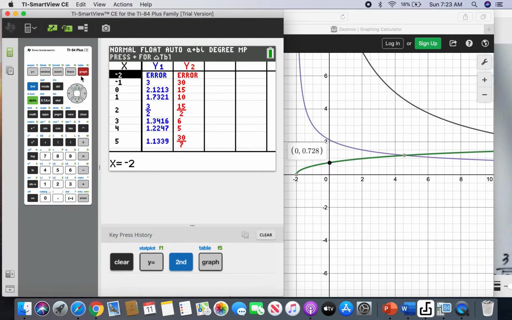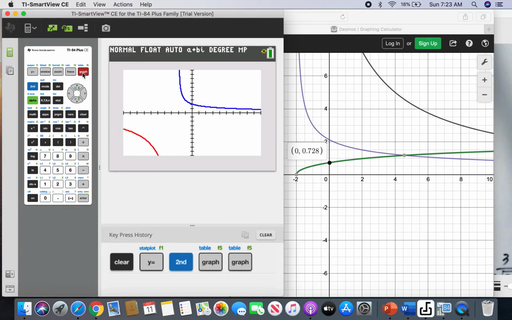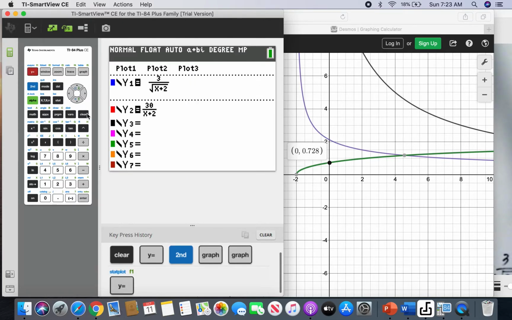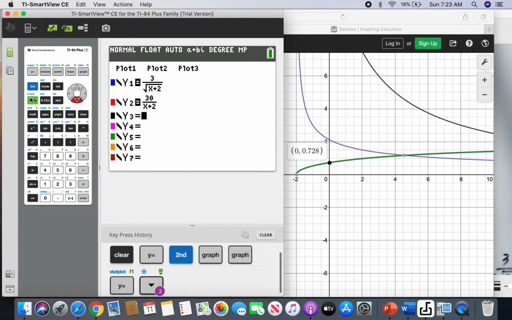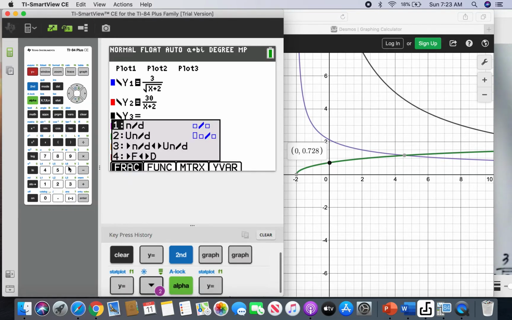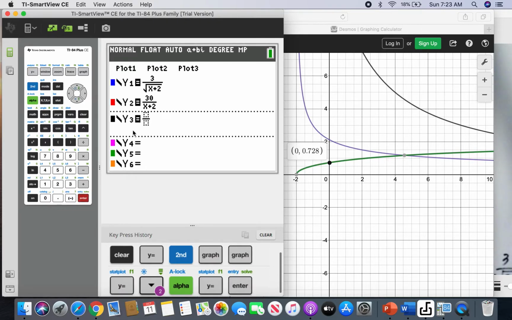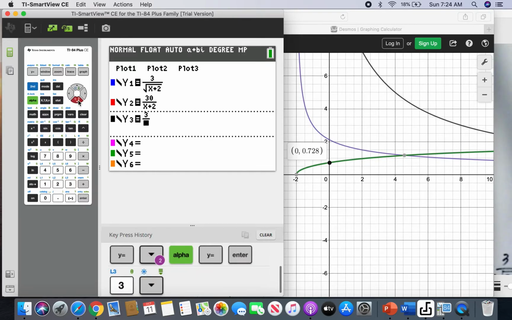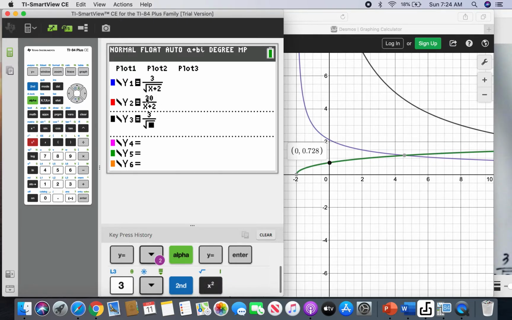Now if you're curious what the graph of the composed function is using this graphing calculator, all you have to do is change this x with this. So you go to y3, and then you go alpha, y equals, and then enter, and then put 3 in the numerator, and in the denominator you have the square root of, okay, you should change your x with 30 over x plus 2.